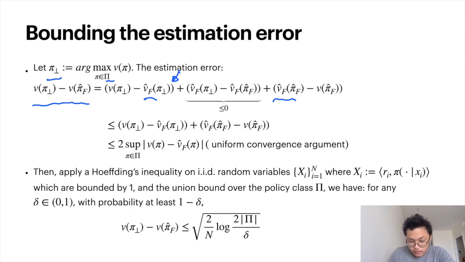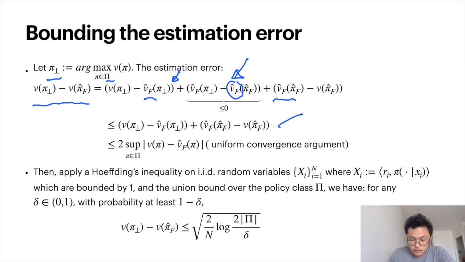You notice the second term right here is negative, because pi hat f is the optimal, the greedy policy with respect to v hat f. So that's why it's the largest value here. When the other value minus this, it becomes negative. So you can ignore the term, and it becomes only the two terms in the second row.